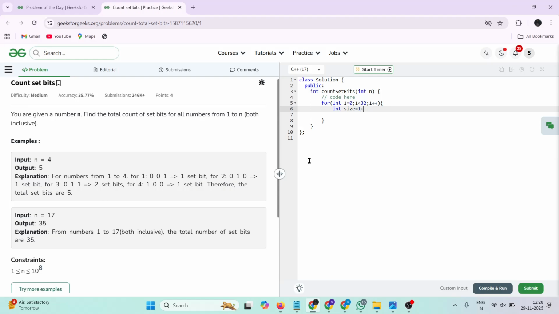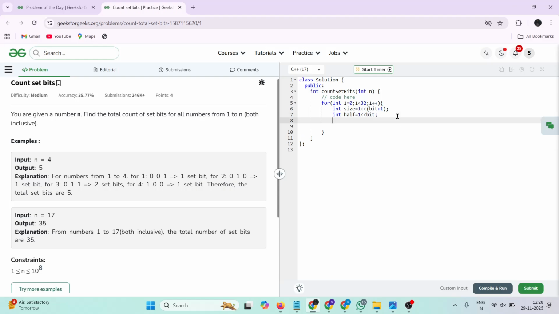So what we are doing is 1 left shift of bit plus 1. That is the size, or you can also use power of 2. Now the half becomes size by 2, or we can write 1 left shift of bit, same.